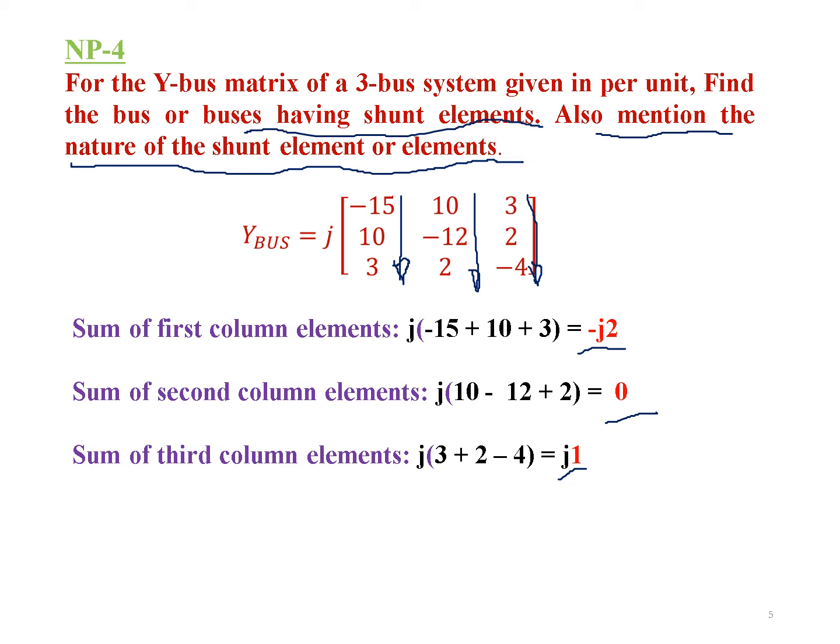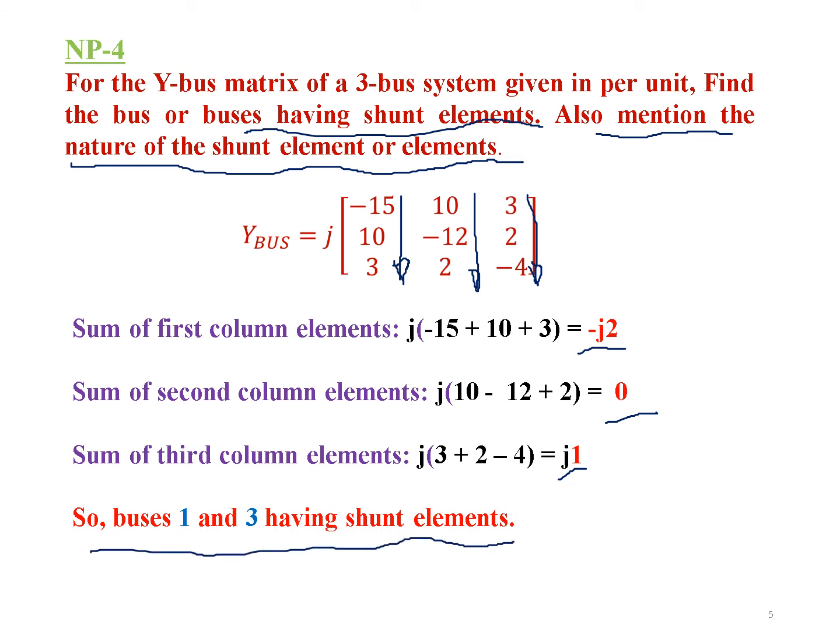So from this calculation we can easily comment that bus number 1 and bus number 3 have shunt elements. Okay. Now, in this problem we also have to find the nature of the shunt element.